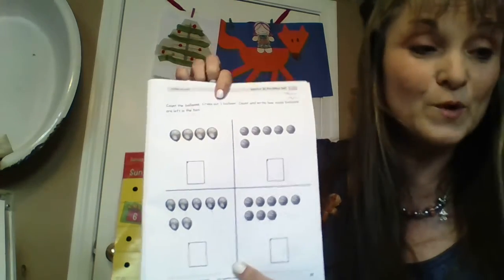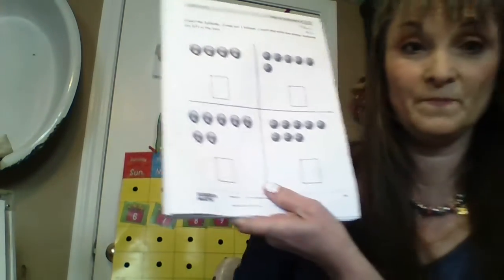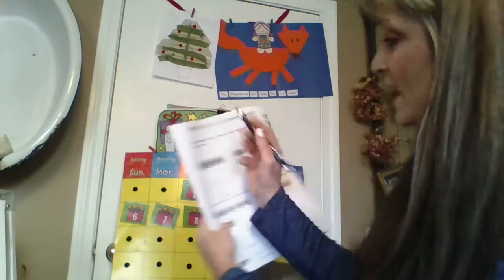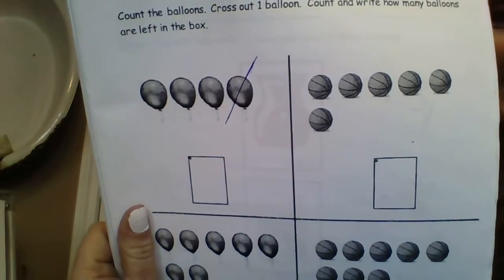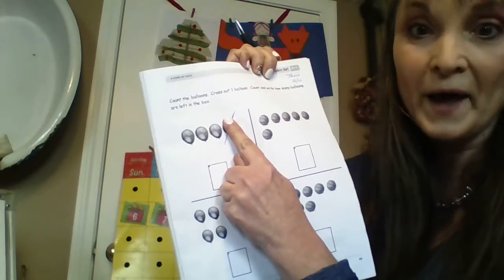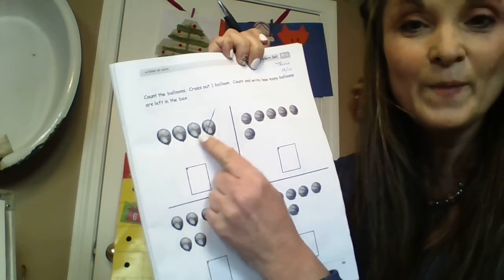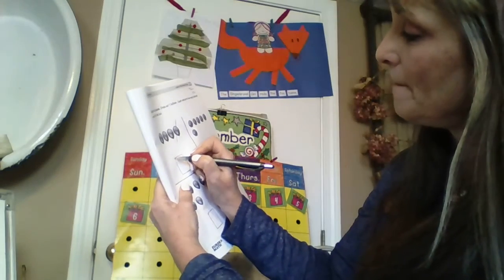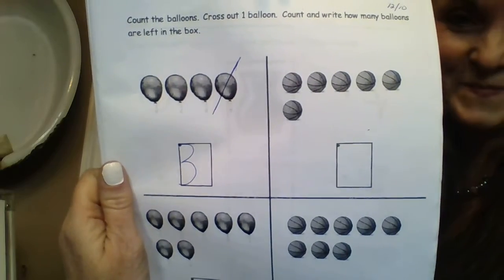Now it says you're going to cross out one balloon. We can't pick them up and take them off like I did on the whiteboard, can we? But we can cross one out. You see how I made a line through one? So we're pretending that one is gone. We crossed it out. How many are left? 3. And that will be the number that you will write in your box.